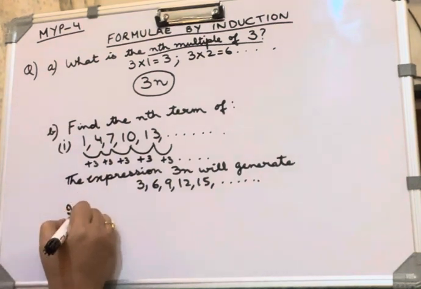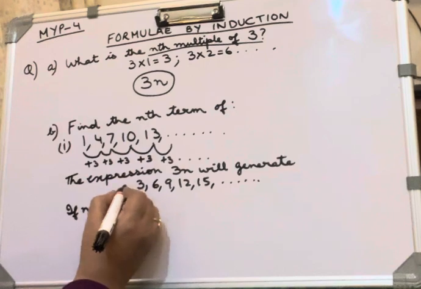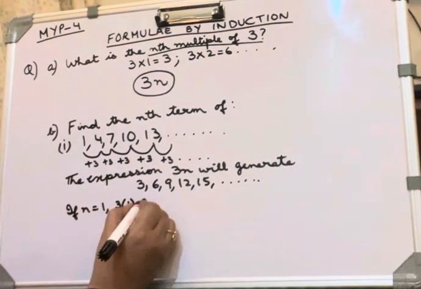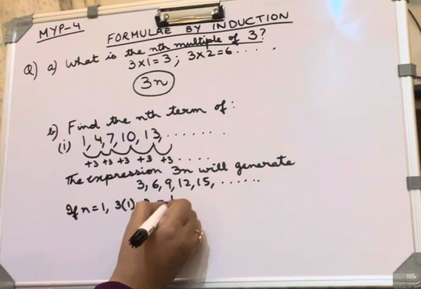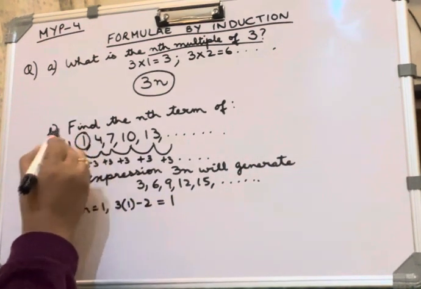If n is equal to 1, then 3 minus 2 is equal to 1.